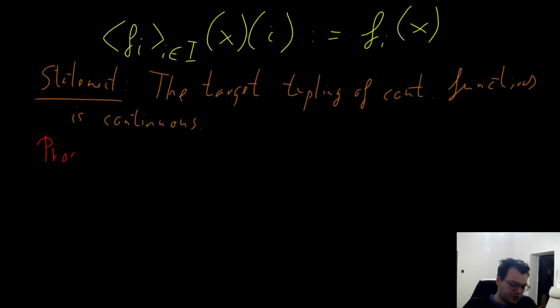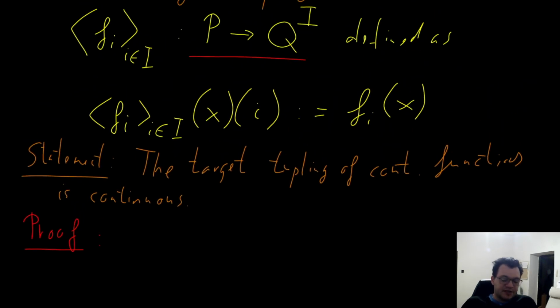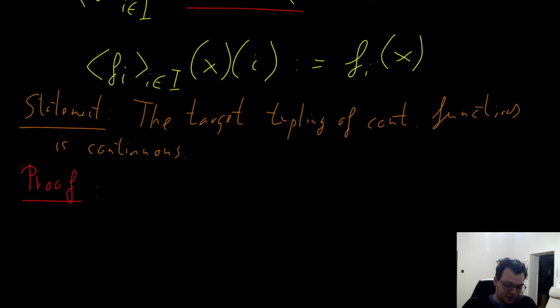So what should I say? What should I prove? So the target tupling is a function getting a value from P and computing, say, vector Q3i, which means that proof: let, say, X be a subset of P, be a non-empty chain.